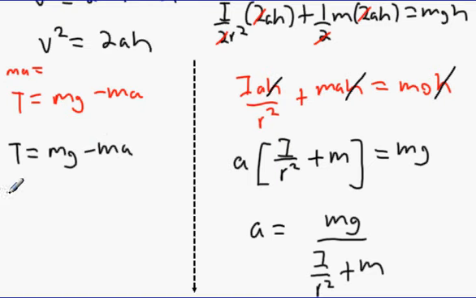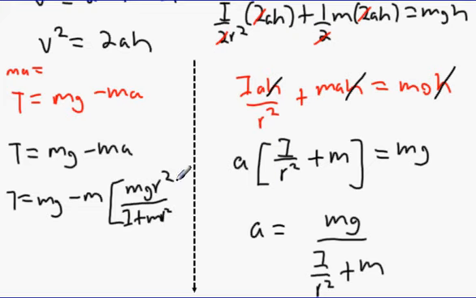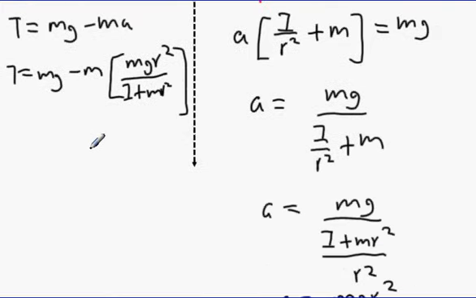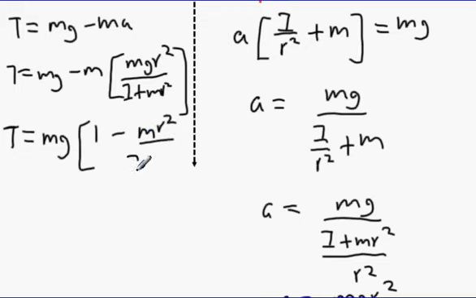What I'm going to get is T equals mg minus m times m g r squared all over I plus m r squared. Now, did it give me a specific proof? It didn't, so you could be entitled to leave it like that. I would factorise out the mg, and what I'd be left with is mg into 1 minus m r squared all over I plus m r squared.